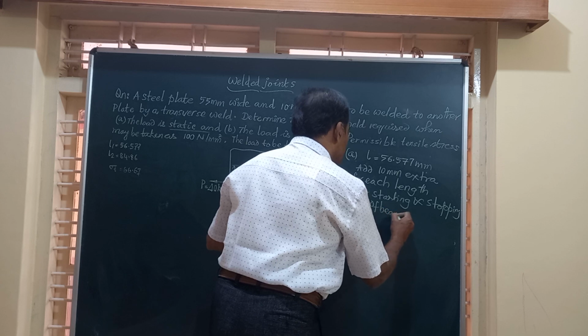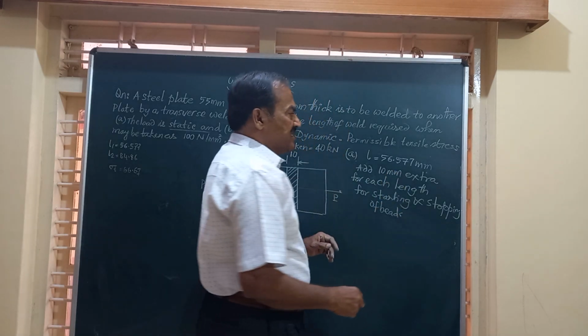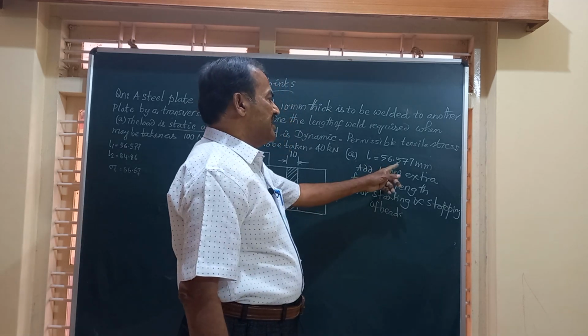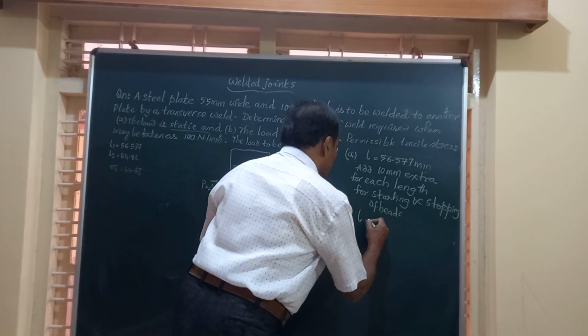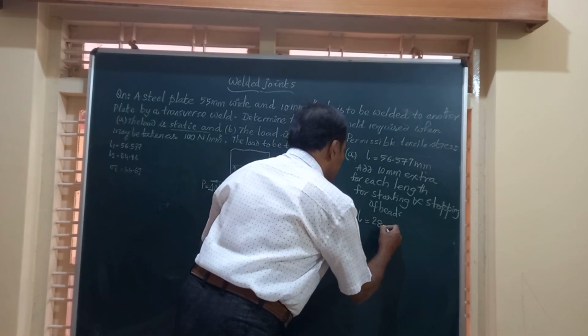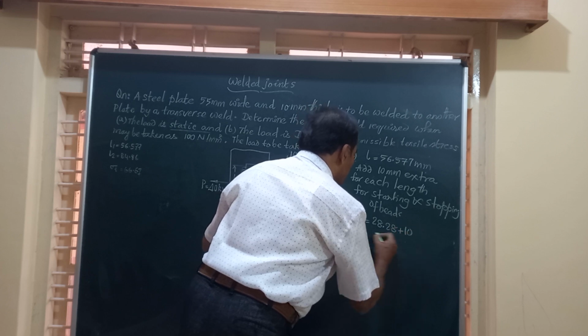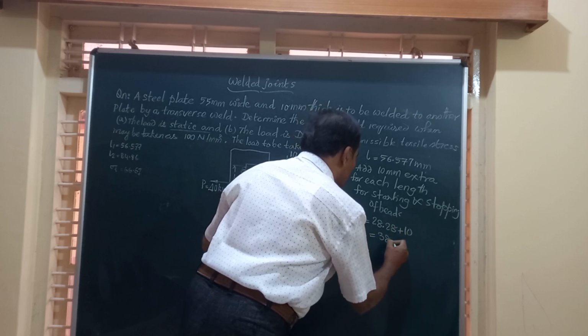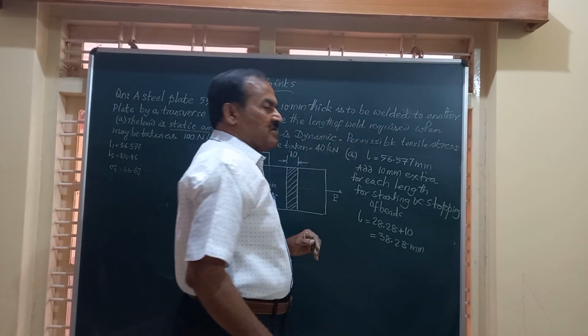So whatever the length you get, that is 28.28 plus 10. Therefore, length will be equal to 28.28 plus 10 mm, that is 38.28 millimeter is the total length of weld required.